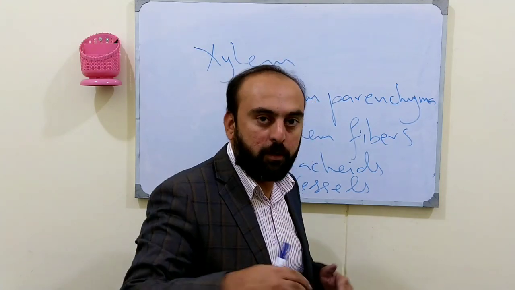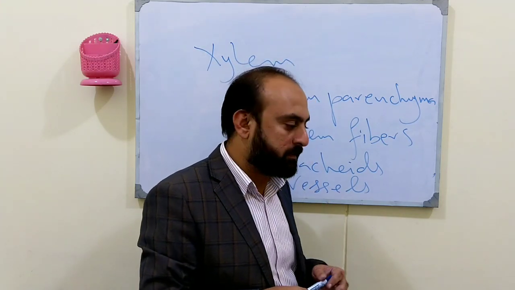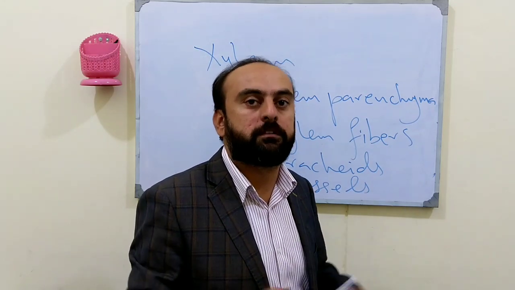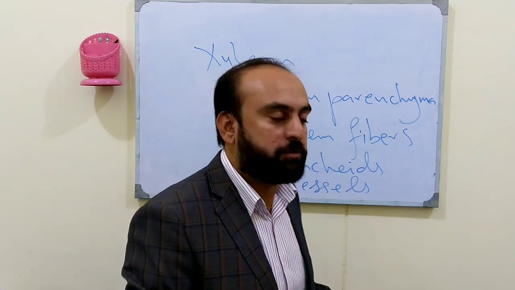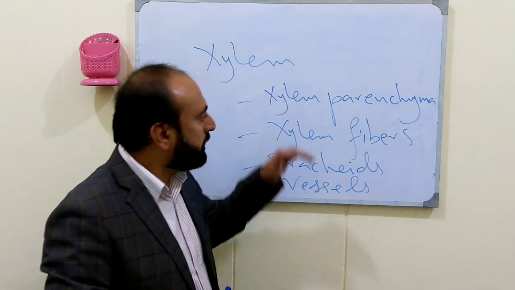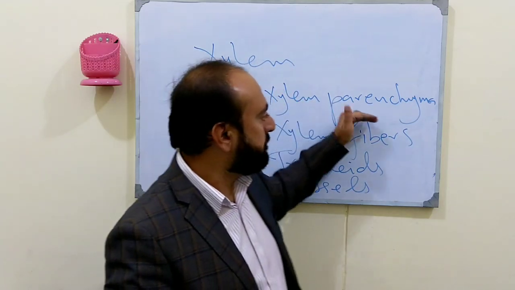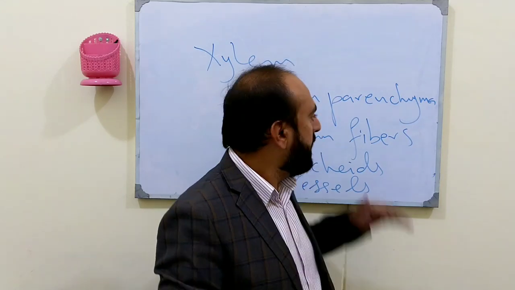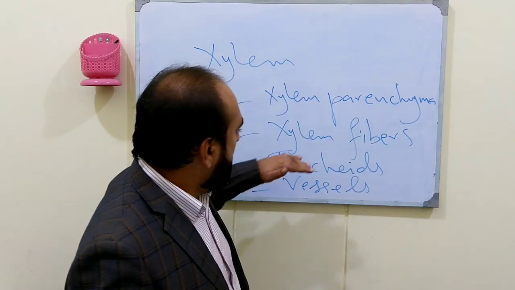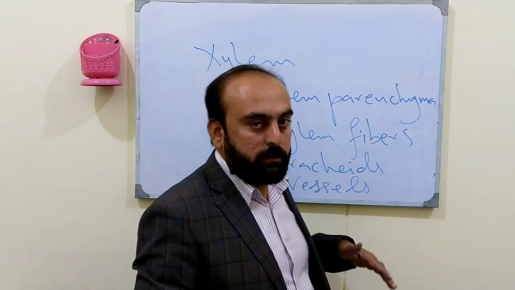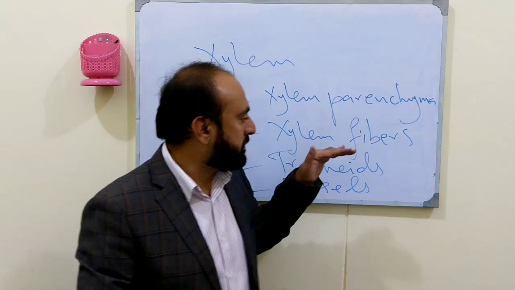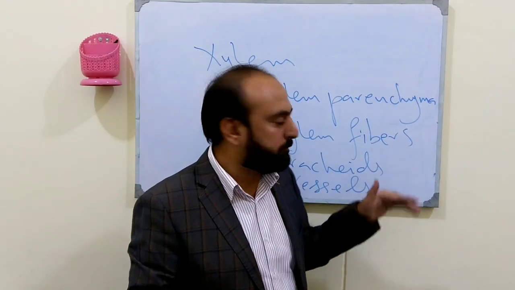When water is moving from roots to stem, then sometimes the plant also needs to move water sideways for even distribution of water throughout the plant, and that is made possible by these parenchyma cells, which can store water or conduct water and store food. The xylem fibers, as we discussed in sclerenchyma cells, give structural support to the xylem.